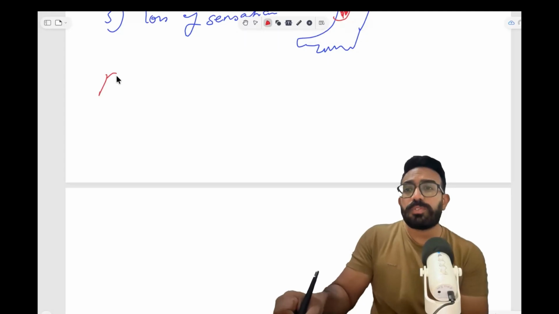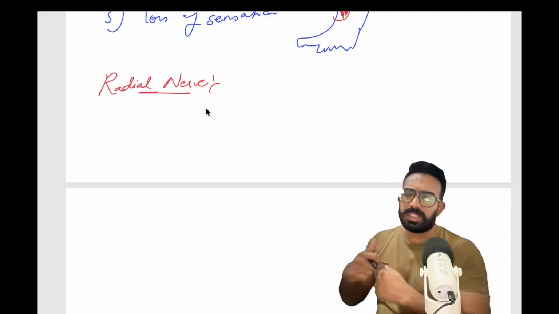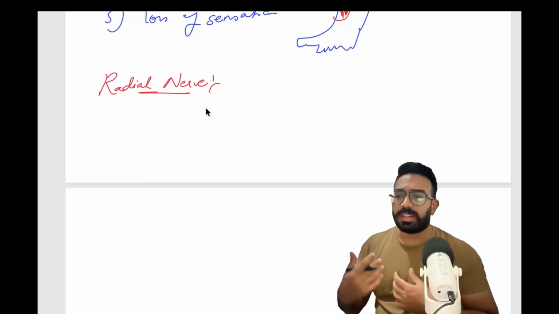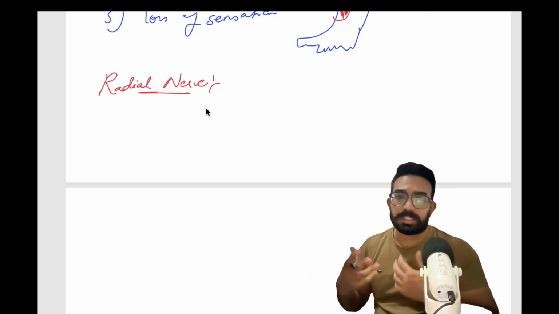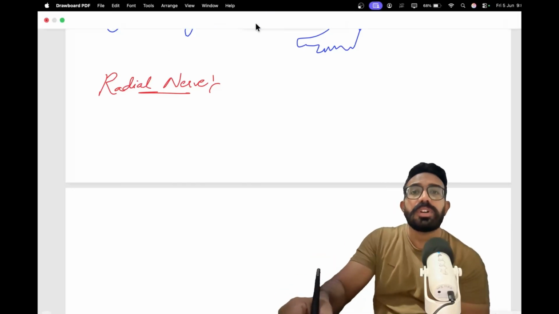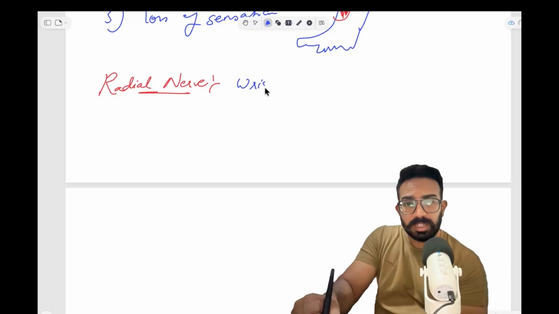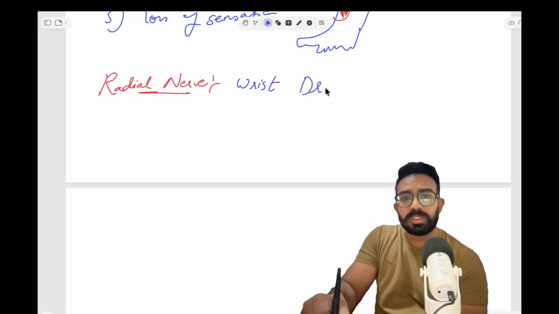Now let's move on to the radial nerve. If the musculocutaneous nerve was the nerve of the flexors, the radial nerve is, generally speaking, the nerve of the extensors. So radial nerve injury is going to cause the famous wrist drop.